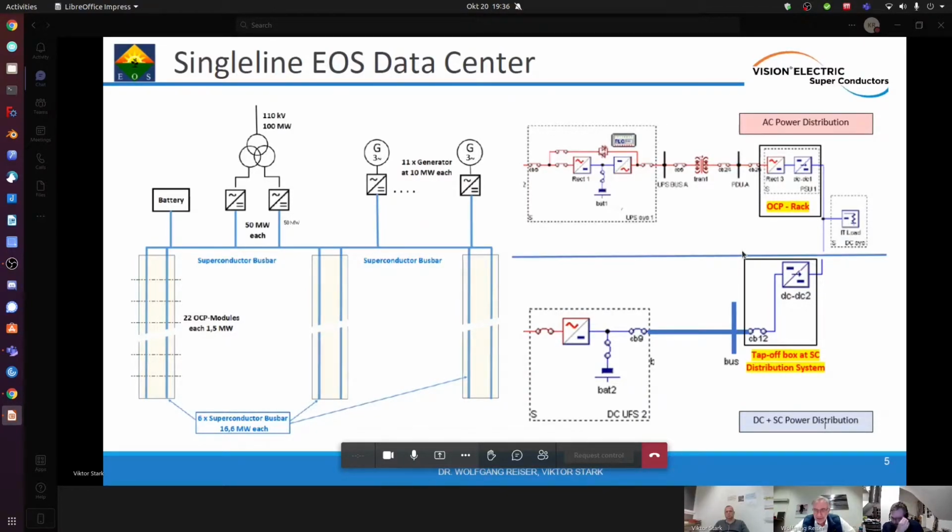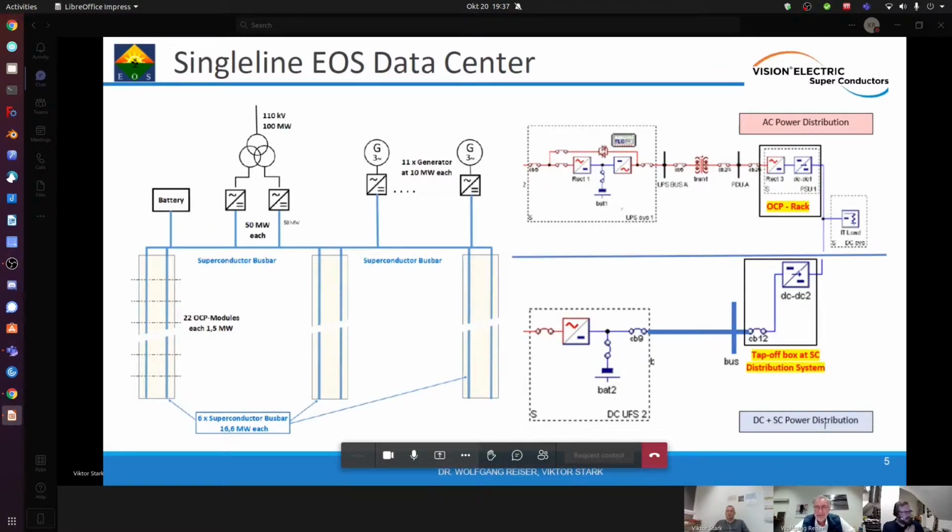In our case it's DC to DC, and in the other case it is AC to DC, DC to AC, and then AC to DC again, and not only voltage conversion but also conversion from AC to DC and DC to AC, which gives additional losses. So it's really a lot simpler and nearly lossless. Nearly lossless, yeah.